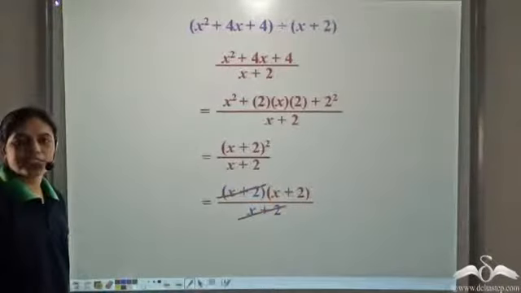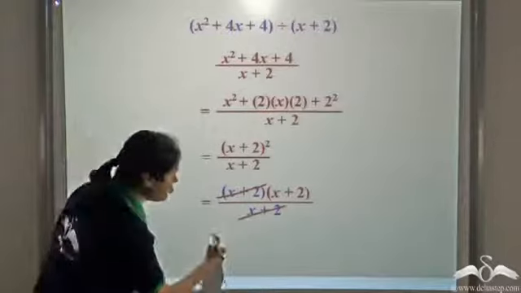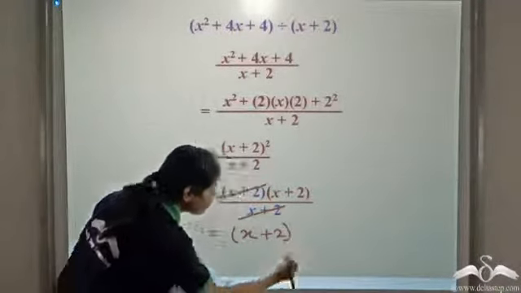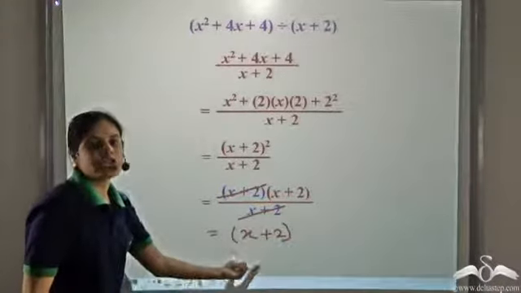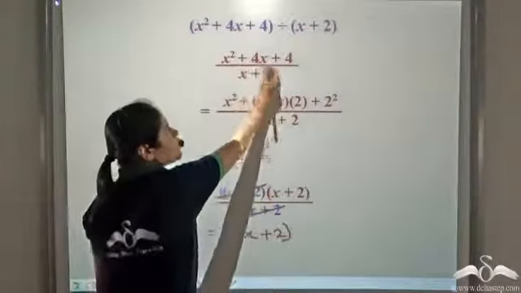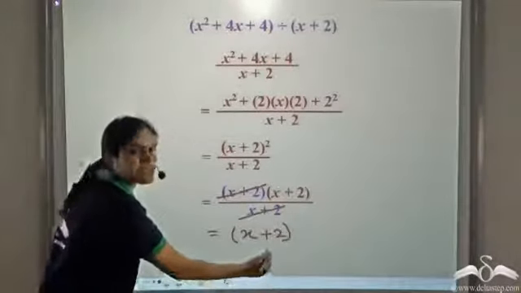So we can cancel it out. So x plus 2 and x plus 2 get cancelled and we are left with an x plus 2 in the numerator. So this is the result of the division of these two expressions. If I divide x squared plus 4x plus 4 by x plus 2, I get x plus 2.